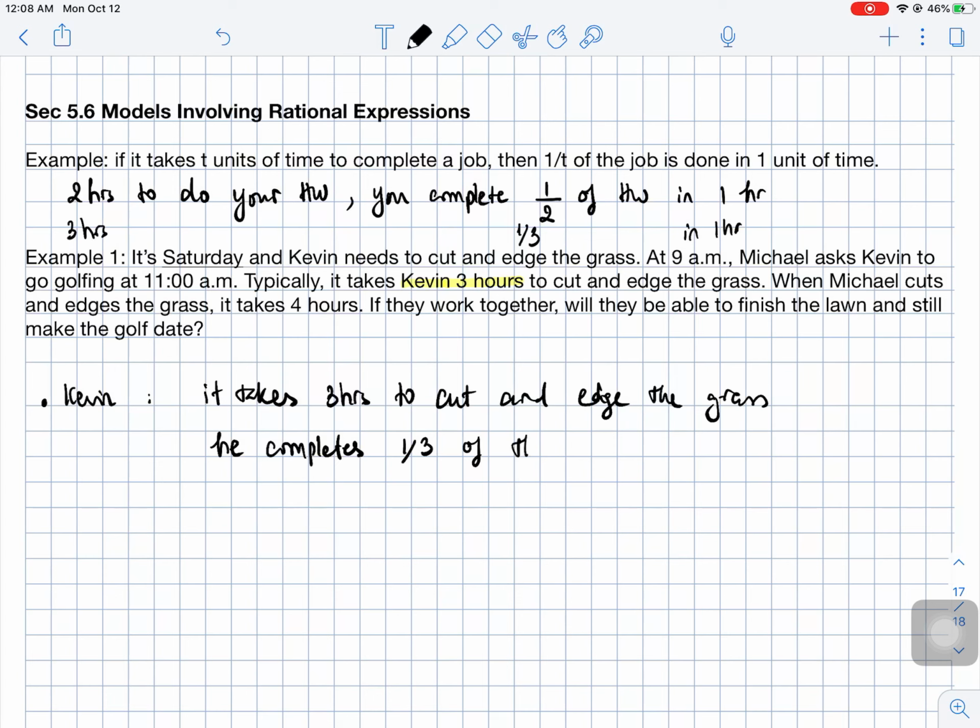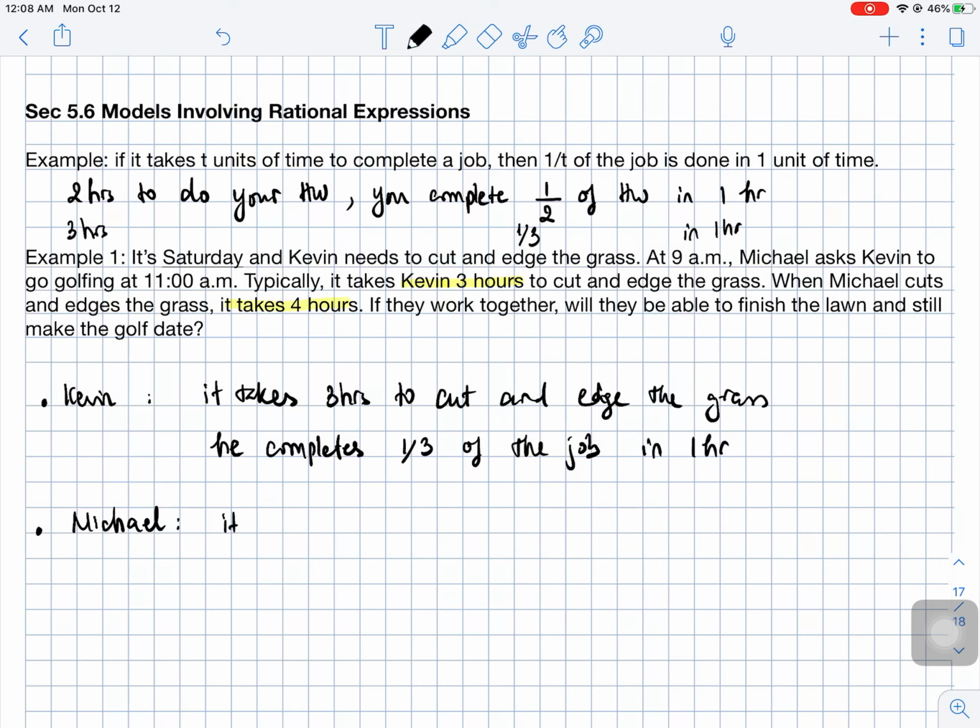Now we want to look at the job done in 1 hour. It means he completes 1/3 of the job in 1 hour.